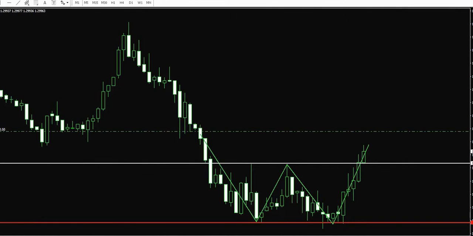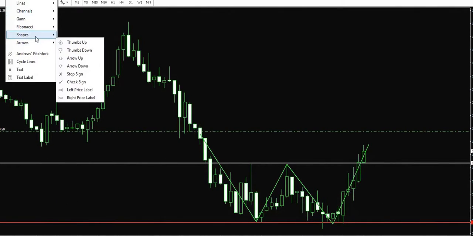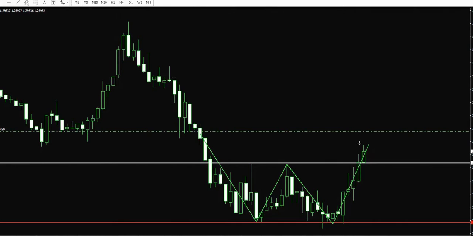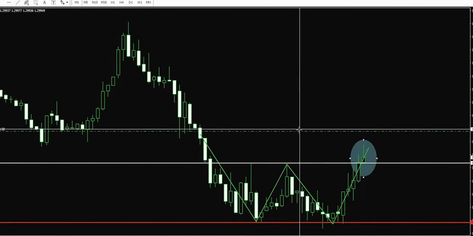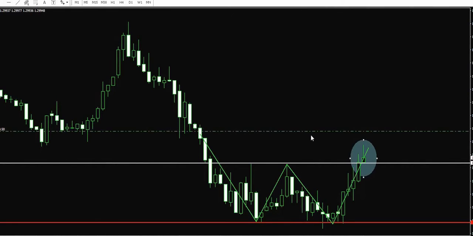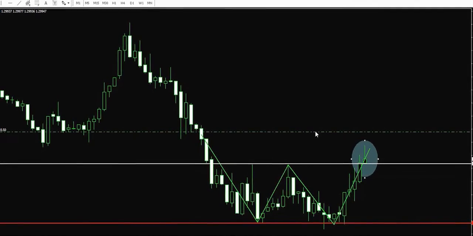When this line breaks, we get a confirmation of the pattern. This is the breakout over here. We have a strong reason to believe that the price action will increase.